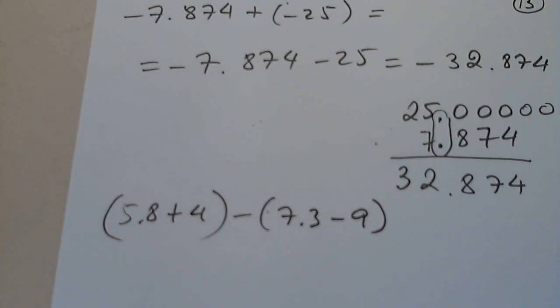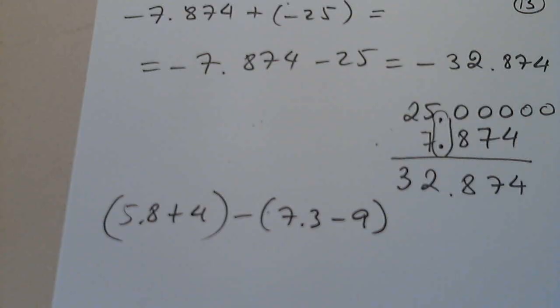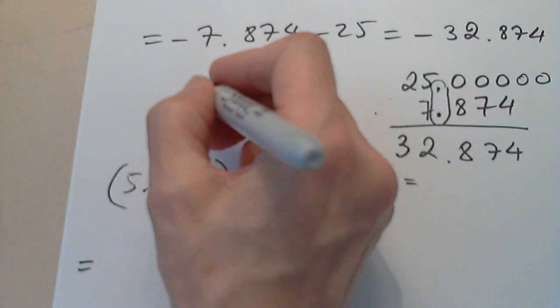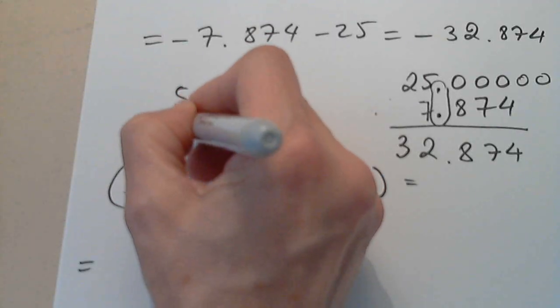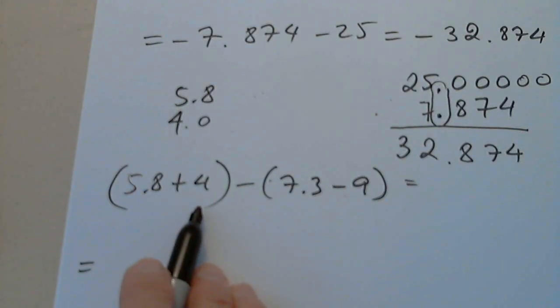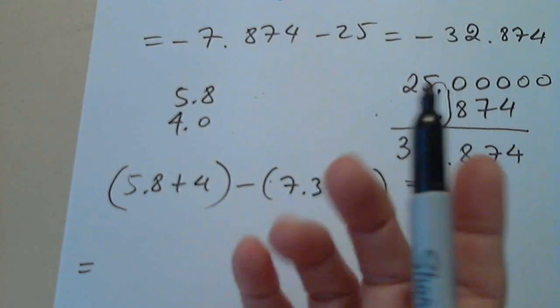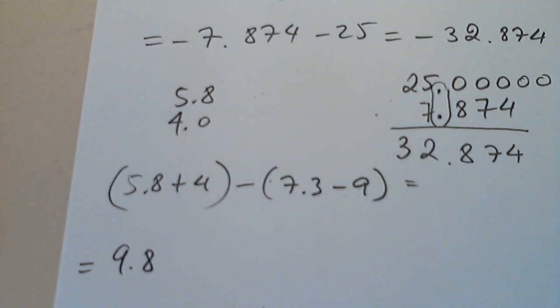The first piece is clear. I have 5.8 adding 4.0. You have to line up the decimal digit. Nice, 9.8.